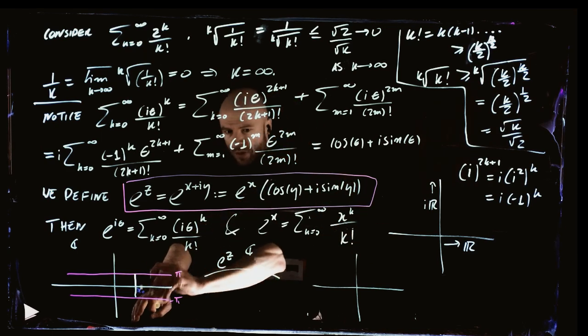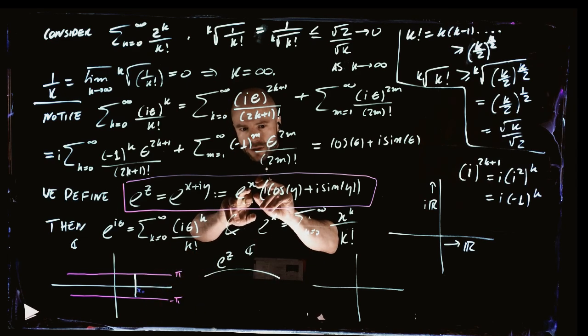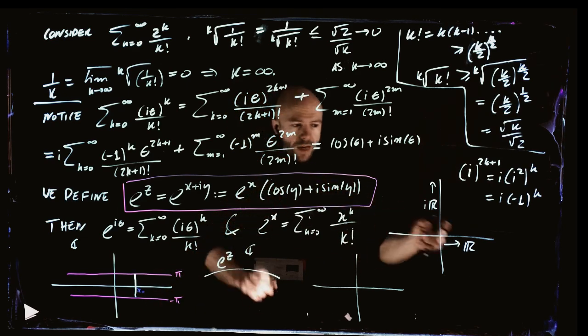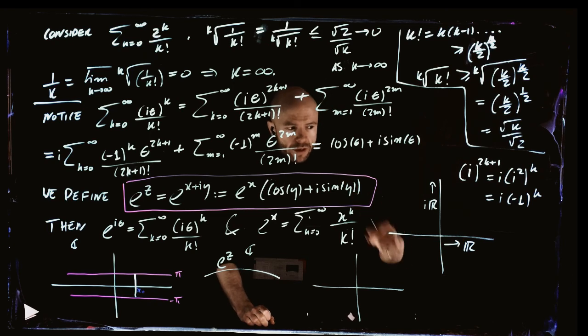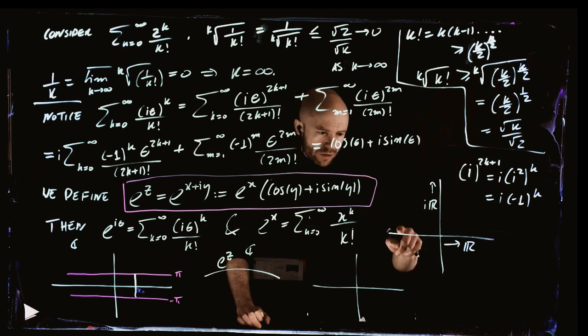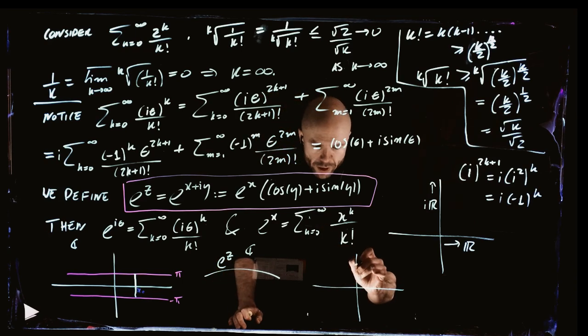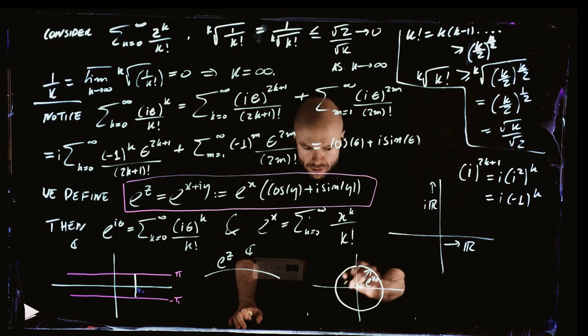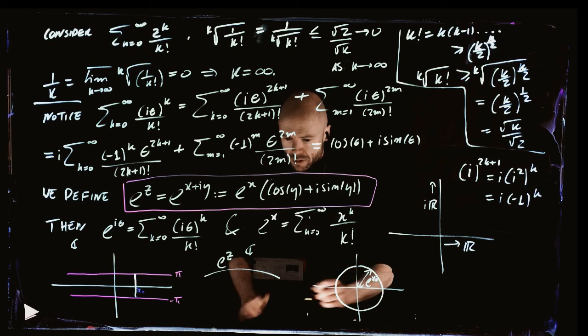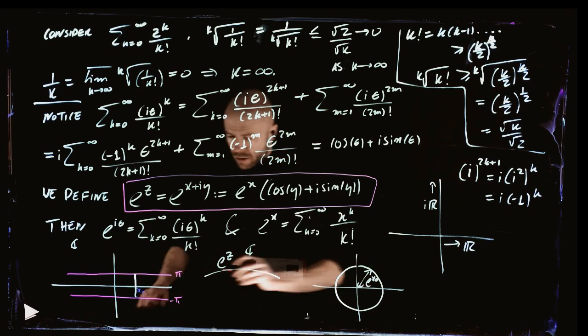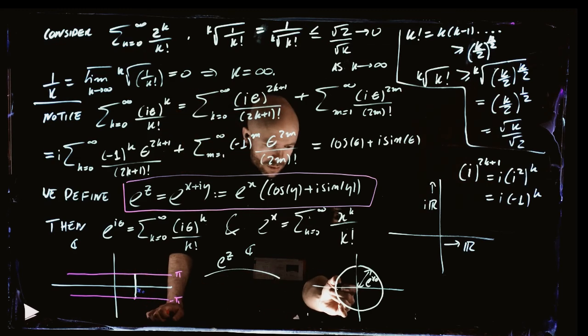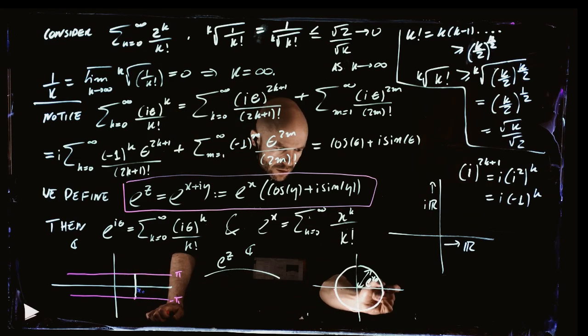As we move along this line, e to the x0 is fixed, and e to the iy is just the unit vector in the complex plane rotating around from minus pi all the way to pi. So we are going to get a circle whose radius will be e to the x0, because we start right here at minus pi and go all the way around.